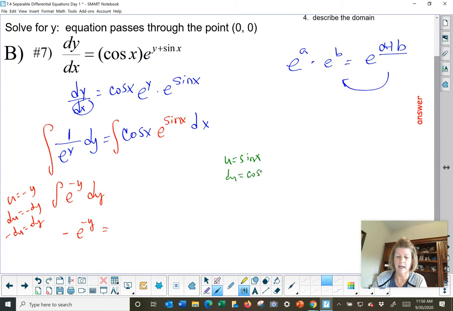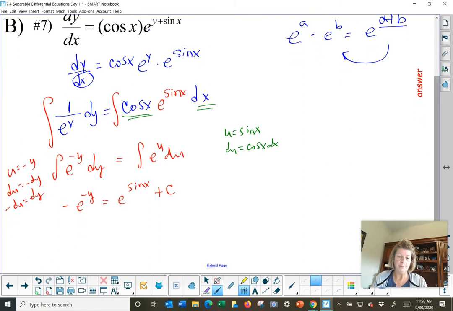We get a cosine x dx as the du. So this will become e to the u du. That's pretty easy. So e to the u would be e to the sine x plus c. So not very pretty, but I guess that's neither here nor there.